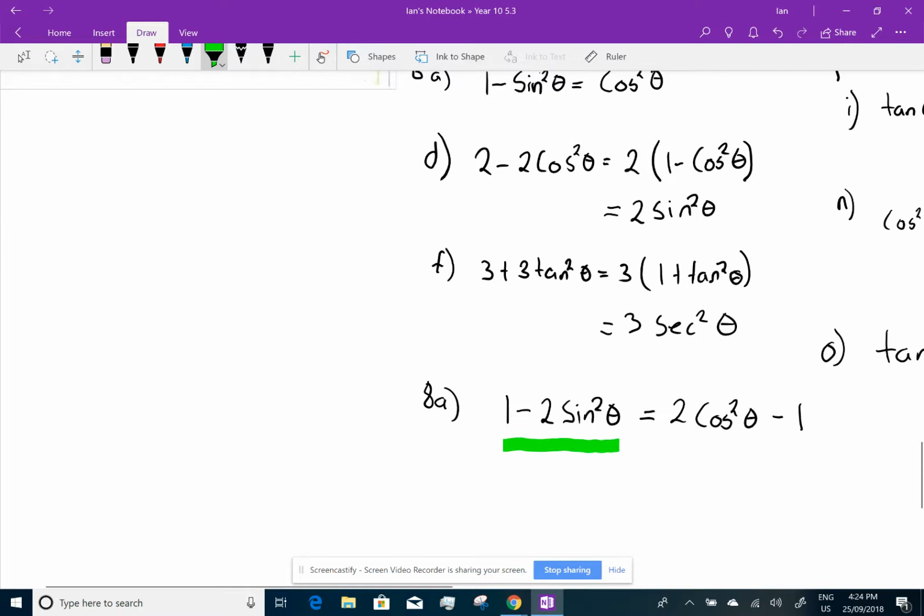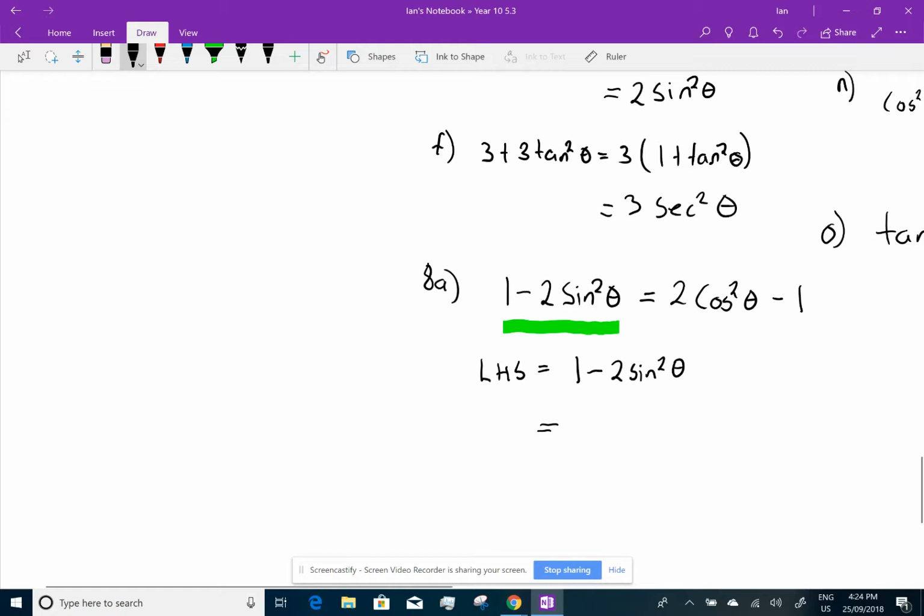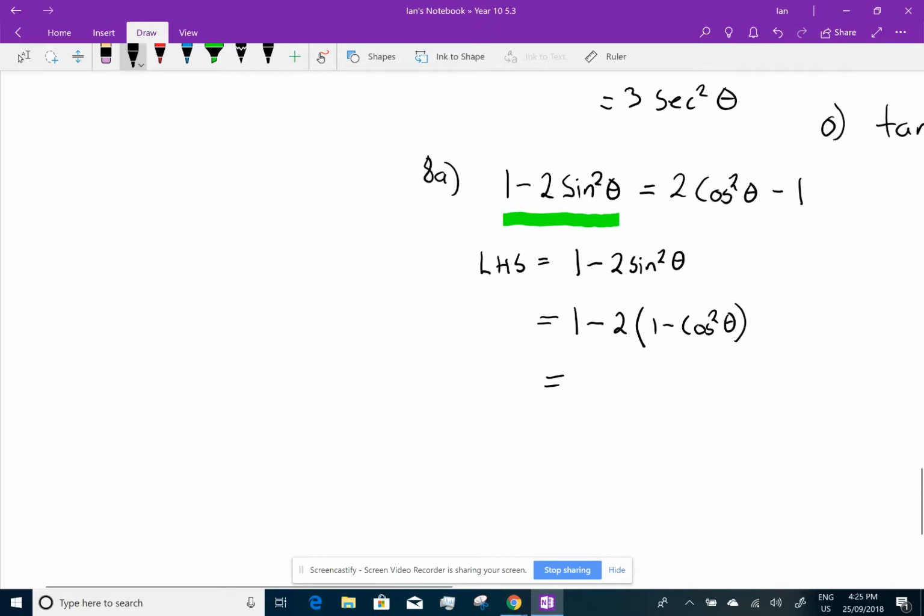So I'm going to take this left-hand side here. And I say the left-hand side. I'm going to try and get it to look like the right-hand side. So I've got 1 minus 2 sine squared theta. What am I going to do with that 2 sine squared theta? I need to get it as a cos theta. So it's 1 minus 2. And remember, I can write sine squared theta as 1 minus cos squared theta. Okay, so now we've got 1 minus, and now I've got to multiply it.